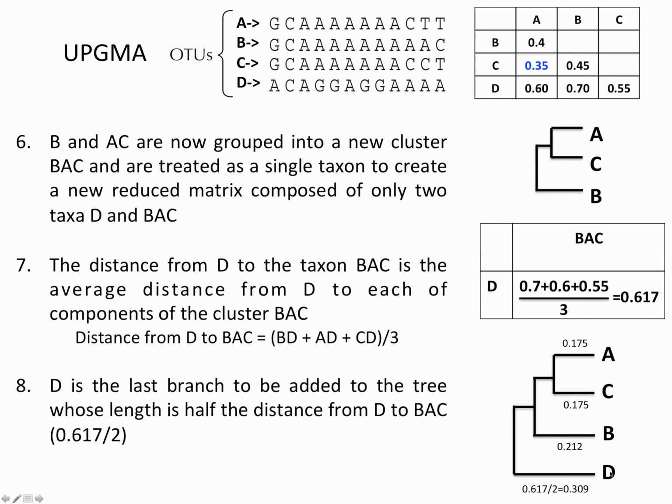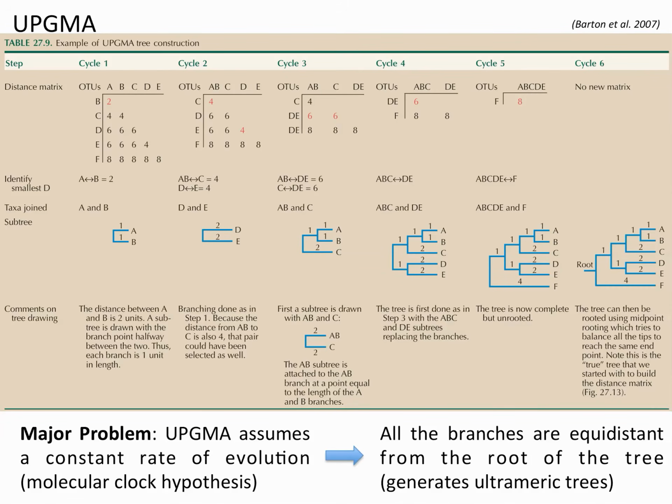And cluster D with the rest of the other taxa using the branch length half the distance between D and the rest of the taxa. In this way, you have calculated a phylogenetic tree using the UPGMA approach. This is another example of the UPGMA method with the details of the steps used in the method for you to study.